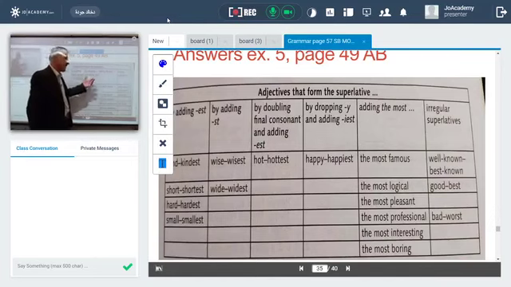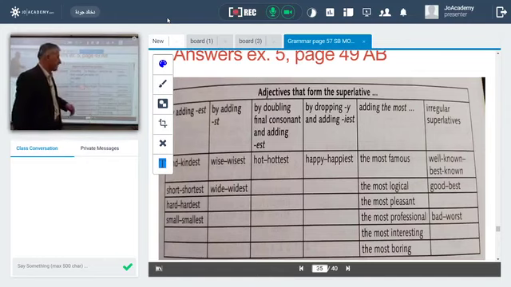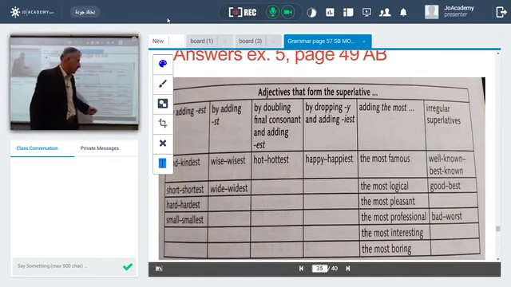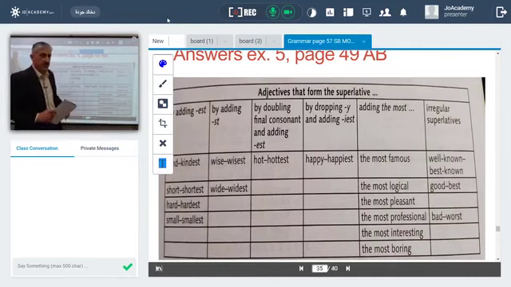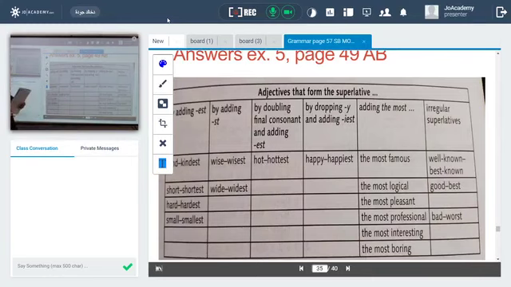Dropping y and adding iest, like happy, happiest. Adding the most: the most famous, the most logical, the most pleasant, the most professional, the most interesting, and the most boring. And irregular superlatives: we have well-known, it can be best-known, and good becomes best, and bad becomes worst.